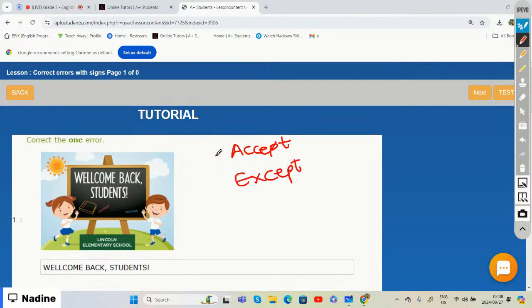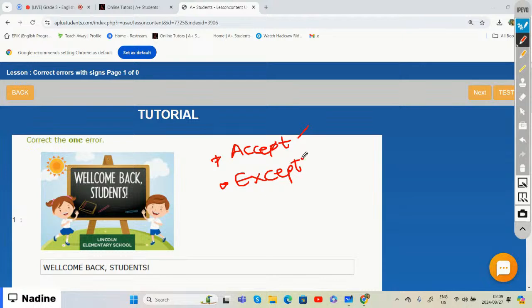If you look at these two words, usually it sounds the same. But if you look at the first word, accept, it's like if I give you something and you're accepting it, you are receiving something, right? It's like you're saying, I accepted the gift. So you're receiving the gift.